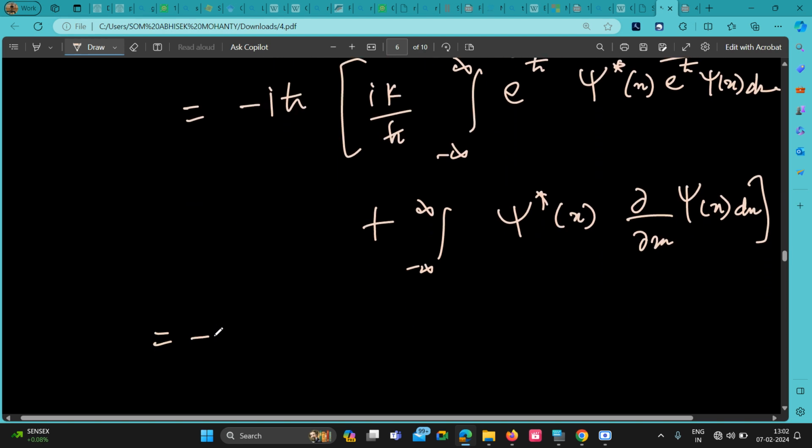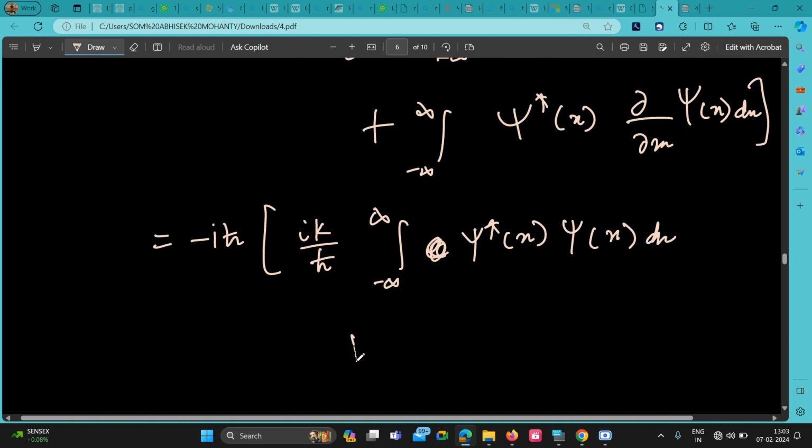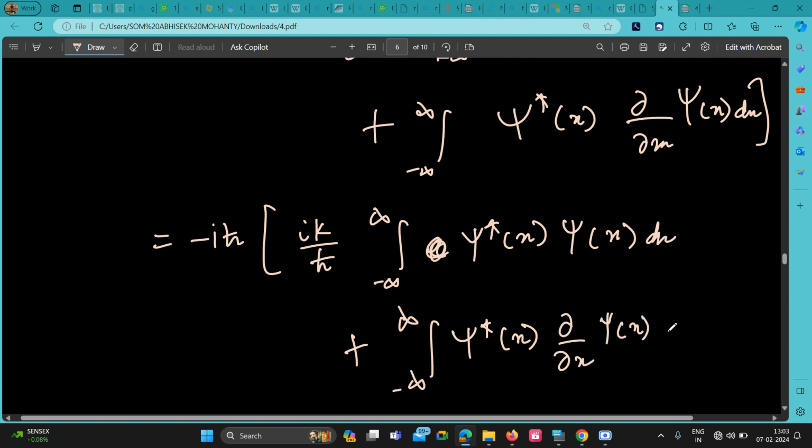So minus ih cut, ik by h cut, minus infinity to infinity psi star x psi x dx, plus minus infinity to infinity psi star x del by del x of psi x dx. See how simplified it is now.